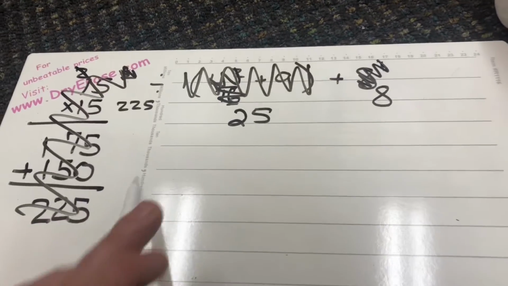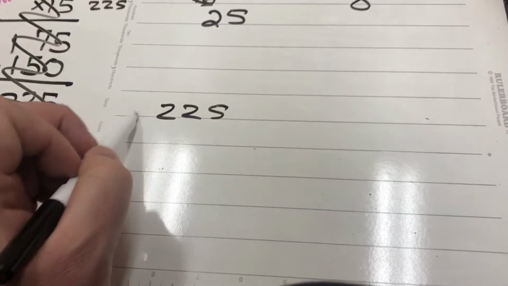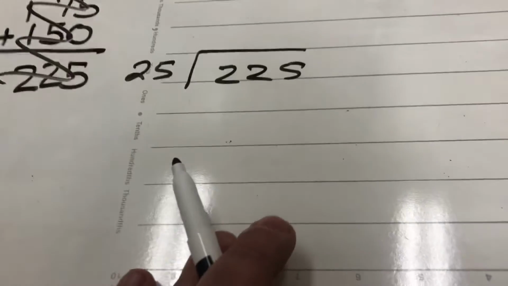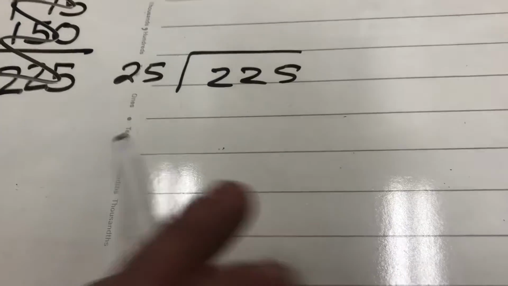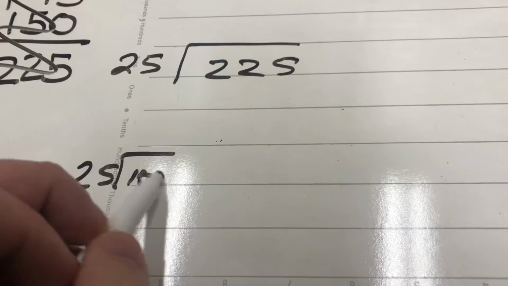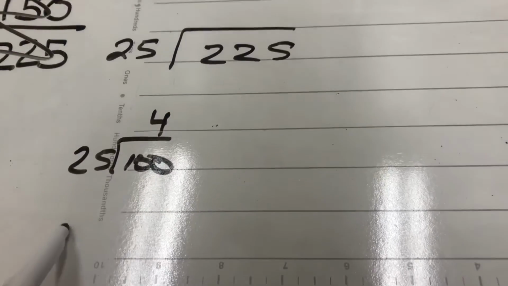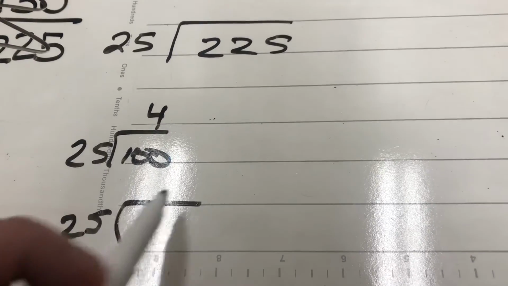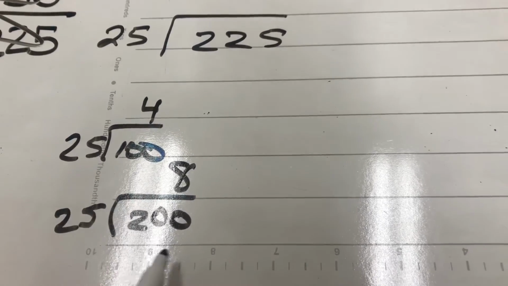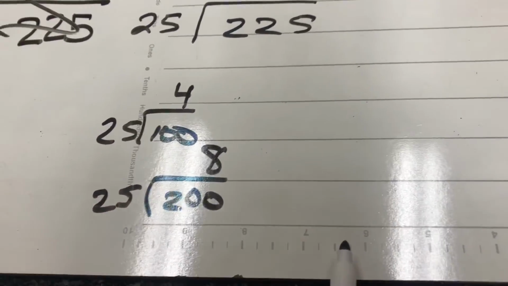Well, when I think about 225 being divided by 25, I know that 25 can go into 100 4 times. I'm going to say that 25 can go into 200 8 times. It's twice as big of a number, so it can go in twice as many times.